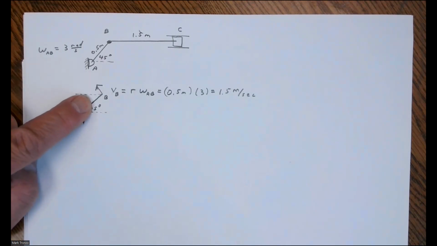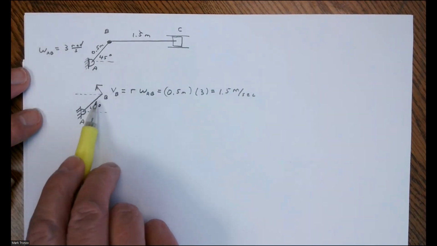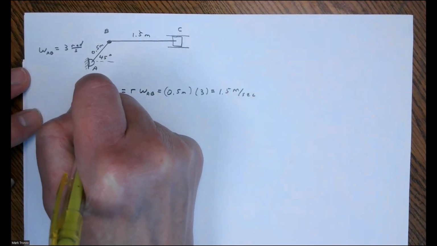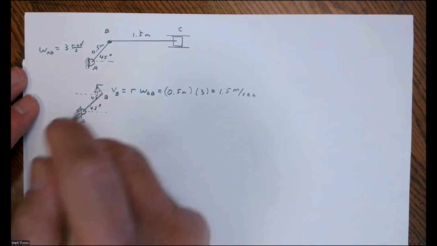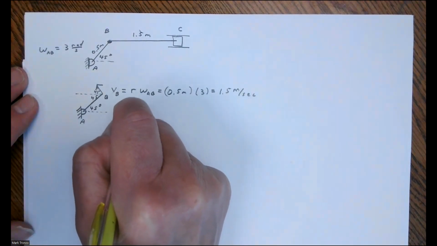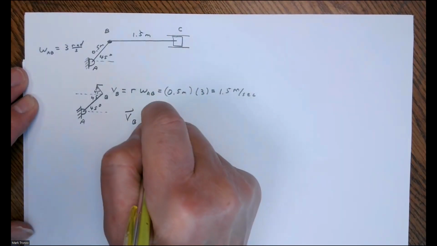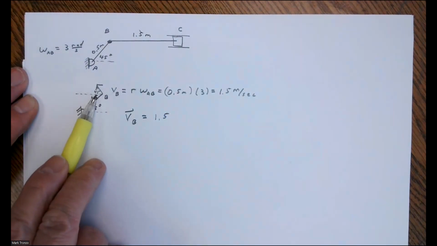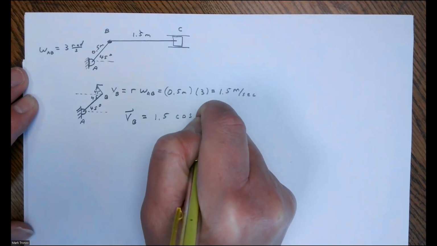And then also, because this is 45, one thing nice, when something is 45 degrees, usually all the angles will be 45 degrees. You don't really even have to give it much thought. And so now if we want the vector form of VB, it's going to be the 1.5. And now for the X direction, which is going to be our i direction, you can see that it's going to be cosine of 45 degrees.